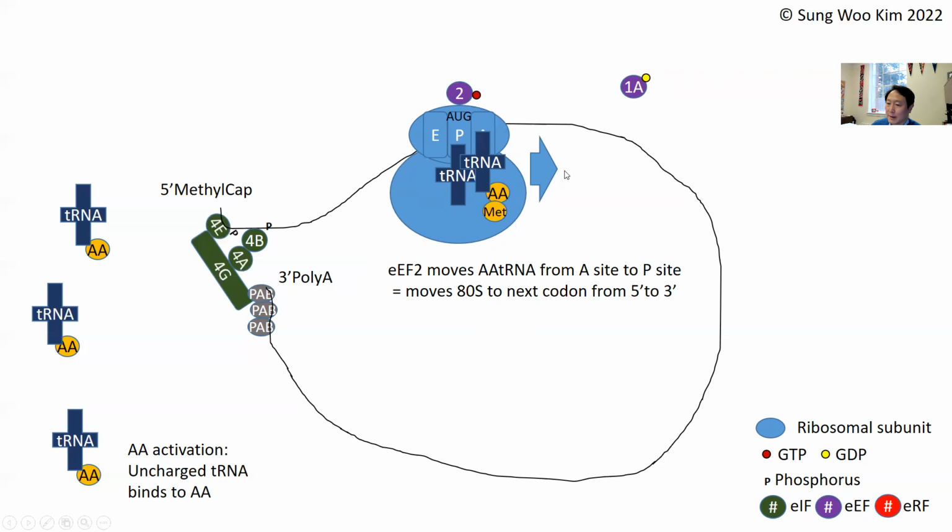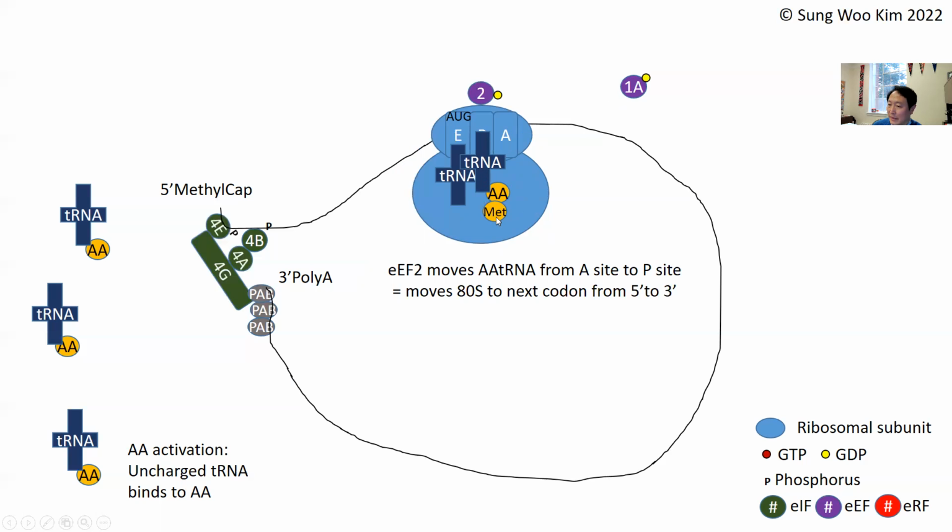So moving the ribosome to the next codon causes changes in the location of tRNAs. The first tRNA, which had methionine at the beginning in the P site, has now moved to the E site. The second amino acid tRNA, which just came into the A site with the help of elongation factor 1A, is now in the P site.